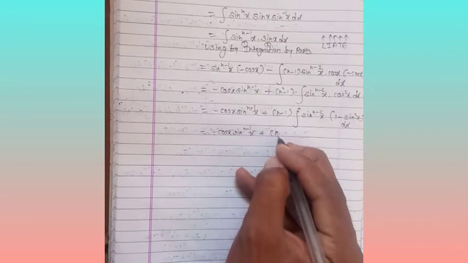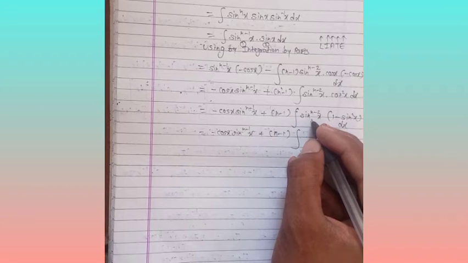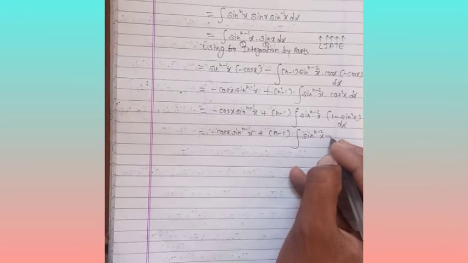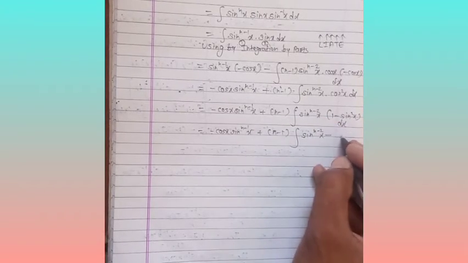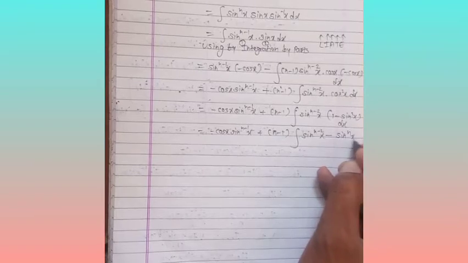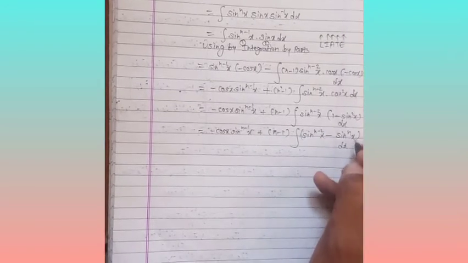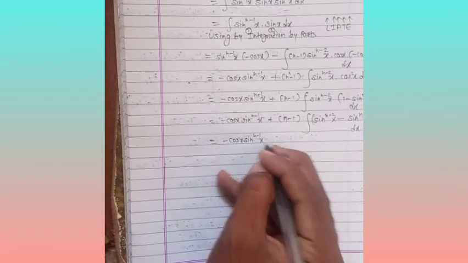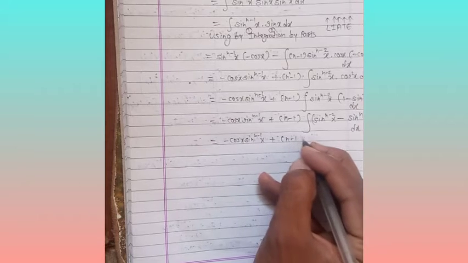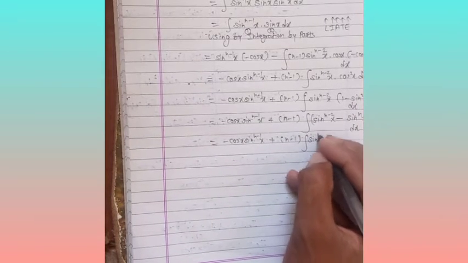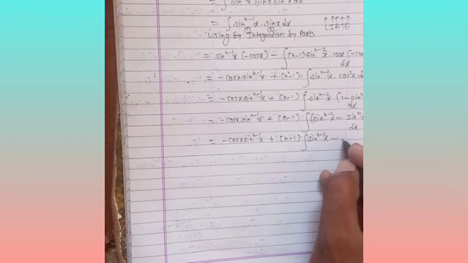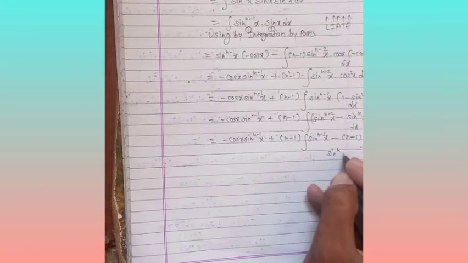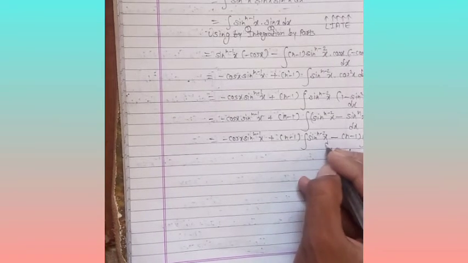Okay, now in the next step this will be as it is plus n minus 1 as it is, integration of, we will multiply this in the internal bracket, we will get sin raised to n minus 2 x minus sin raised to n x dx. In the next step, minus cos x into sin raised to n minus 1 x plus n minus 1 into the integration of sin raised to n minus 2 x minus n minus 1 into the integration of sin raised to n x dx.